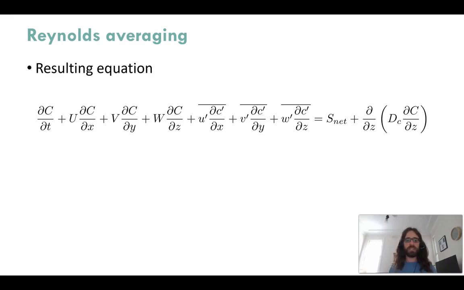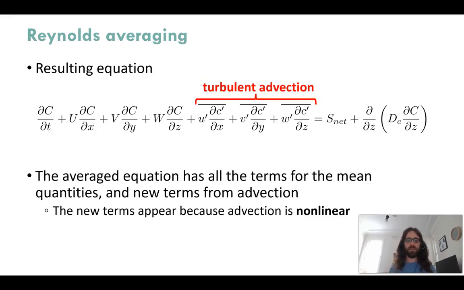Here is the same exact equation written out horizontally, just to give me a little bit more space with the rest of the slide. And what we have is a version of the equation that has all of the components from the mean quantities. So you have the mean rate of change in time, you have the advection by the mean quantities, and you have the mean effect of everything on the right-hand side.